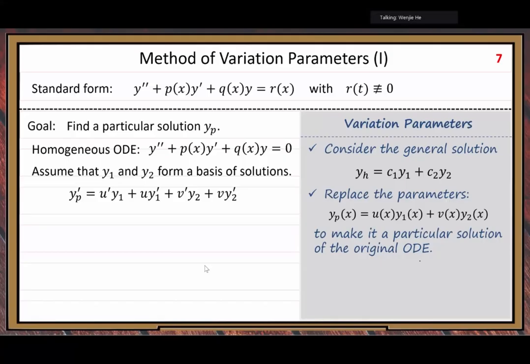If you apply the product rule, each one splits into two terms, so you have a total of 8 terms. Do you have an idea? We have to calculate yp double prime, you cannot avoid it. Is there any better idea at this step?